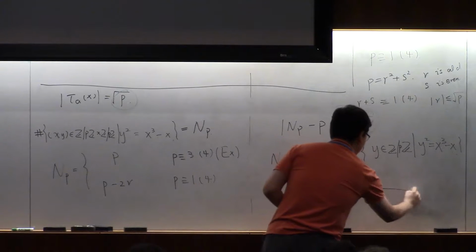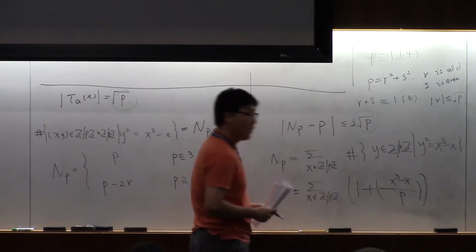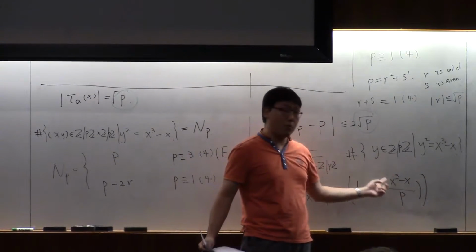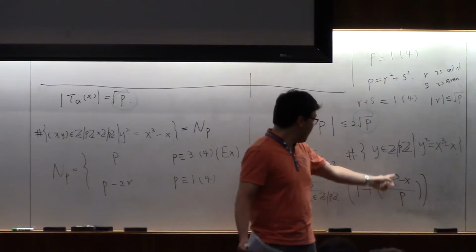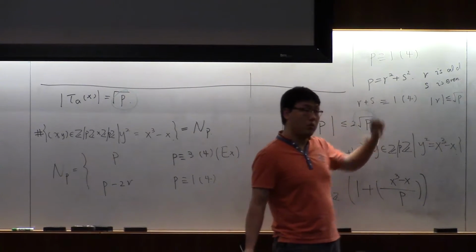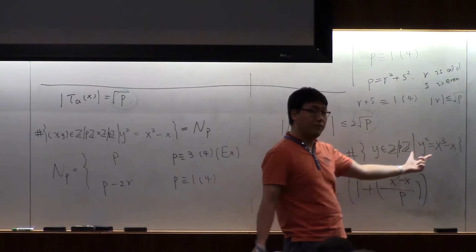It's 1 plus this Legendre symbol. Because if this is a perfect square, non-zero, then you have 2 solutions. If it is 0, you have only 1 solution. If it is not a perfect square, you have no solution.